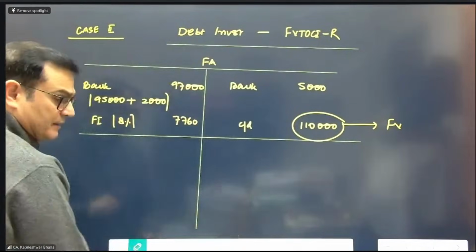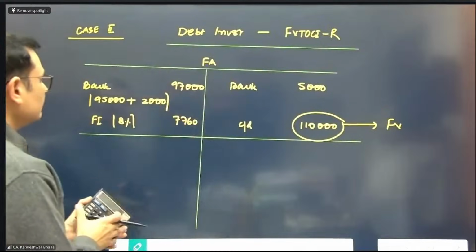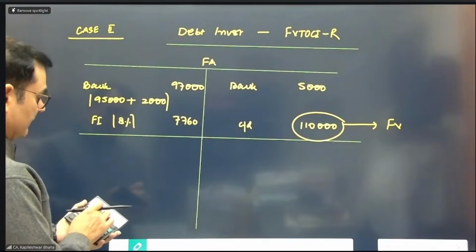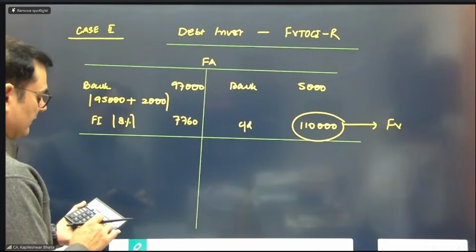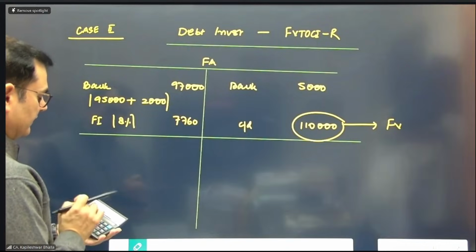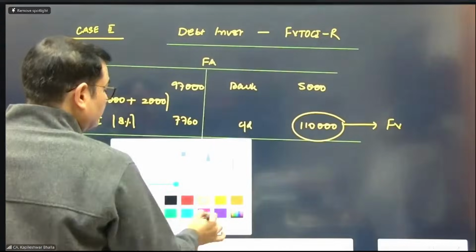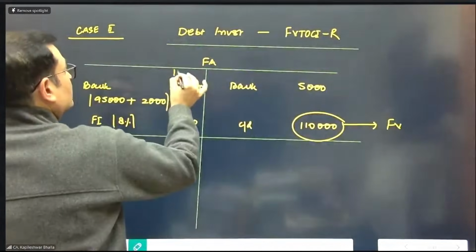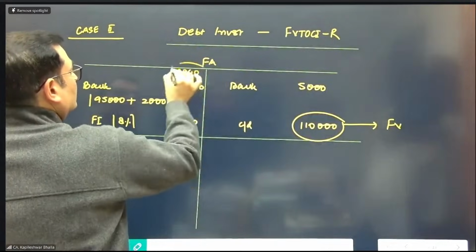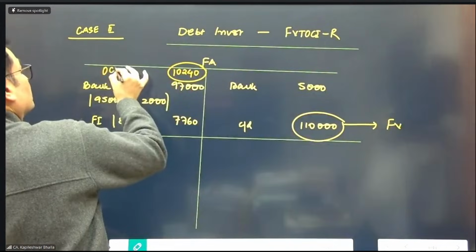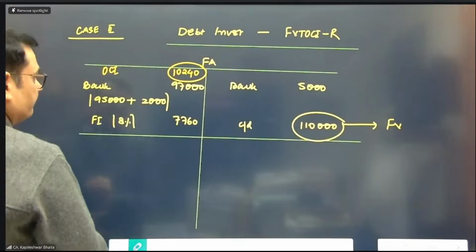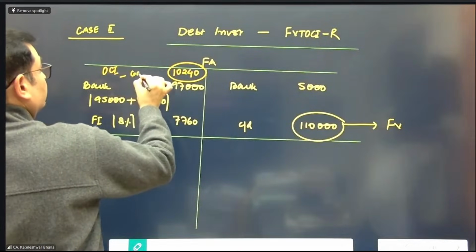So let's see what is the balancing figure. So 97 plus 7760. And if you compare this, I think we're getting a difference of 10,240 on the debit side. So there is a balancing figure 10,240 coming on the debit side, which is OCI. That's a gain. That's supposed to be a gain.